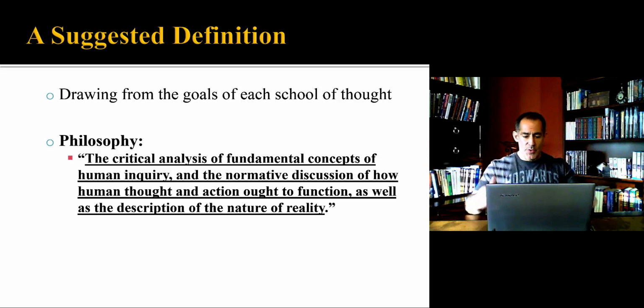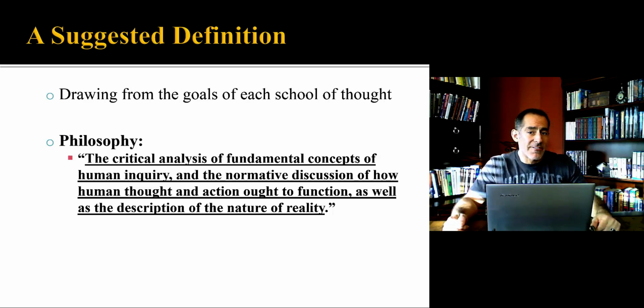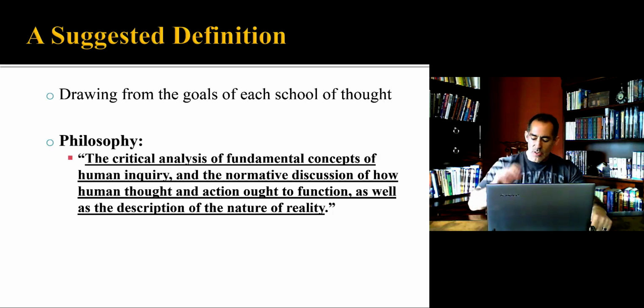So drawing from both schools of thought, here's a decent alternative definition of philosophy. We might call it the critical analysis of fundamental concepts of human inquiry and the normative discussion of how human thought and action ought to function, as well as a description of the nature of reality. Okay? So there's a second definition that you can use.